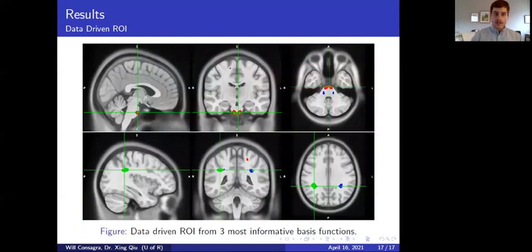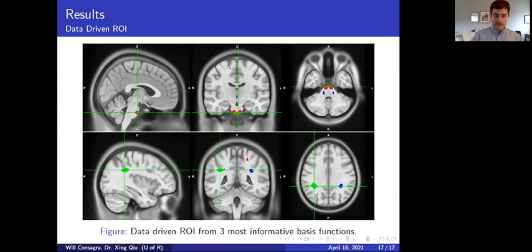So here are some of the data-driven ROIs we were able to recover. The green, red, and blue correspond to the three-dimensional informative basis functions. In the top figure here, this region of interest is concentrated in an area called the middle cerebellar peduncle. It's known to be involved in motor processing. In the bottom, they're in a region called the superior longitudinal fasciculus, which is involved in motor processing as well as language processing.